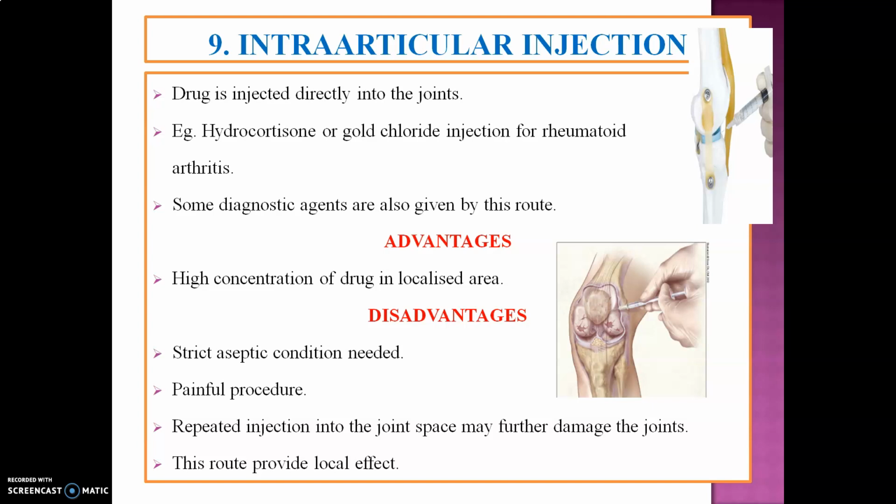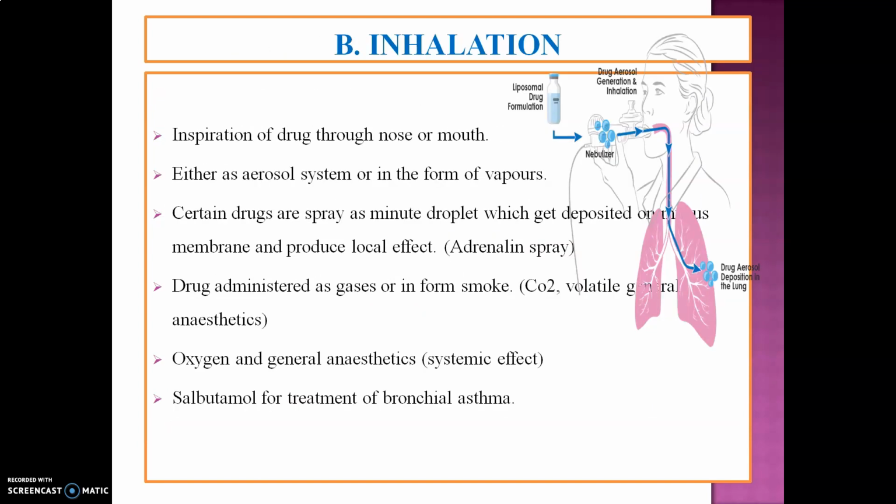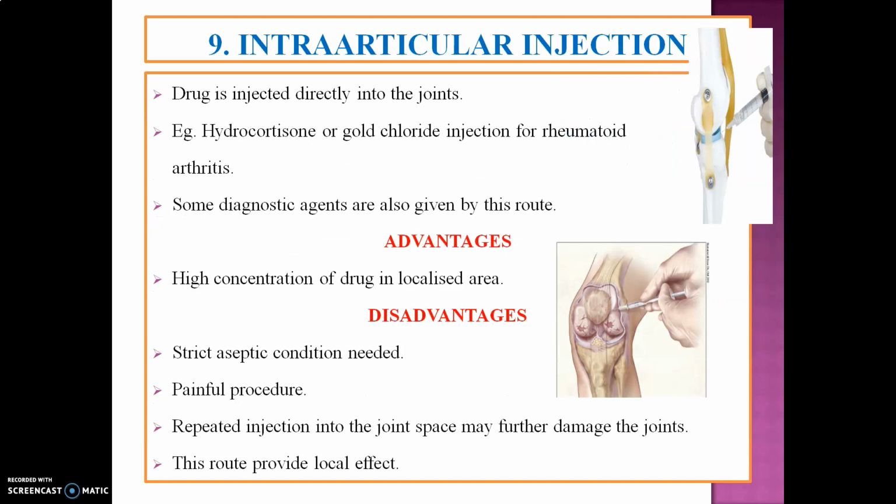This route provides only a local effect, which is also a disadvantage. Repeated injection into the joint space may further damage your joints, and that's why everyone says not to take injections into your joints, because it produces damage to the joint. So these are the types of injections.